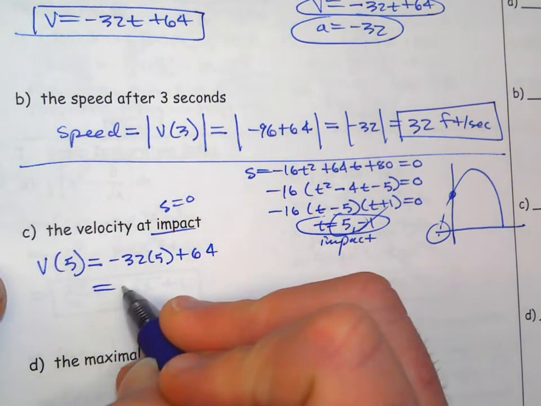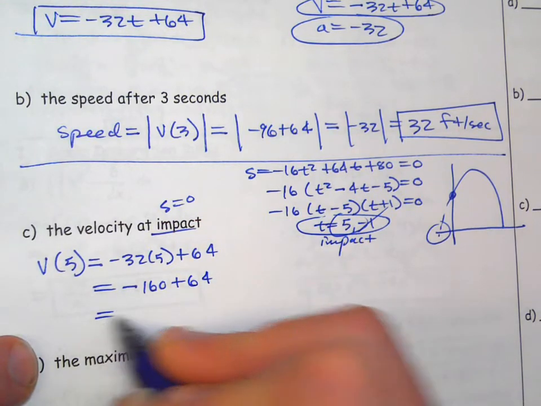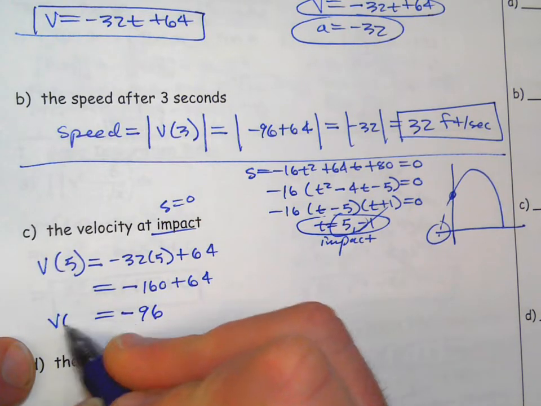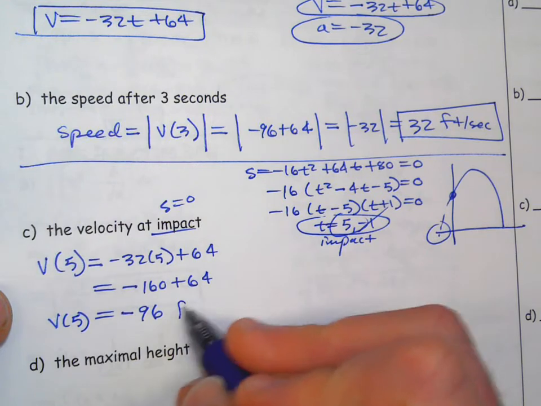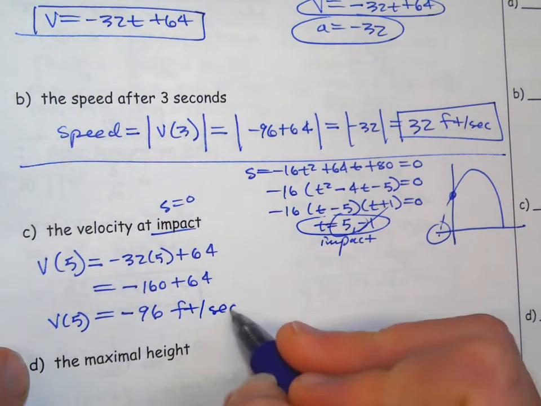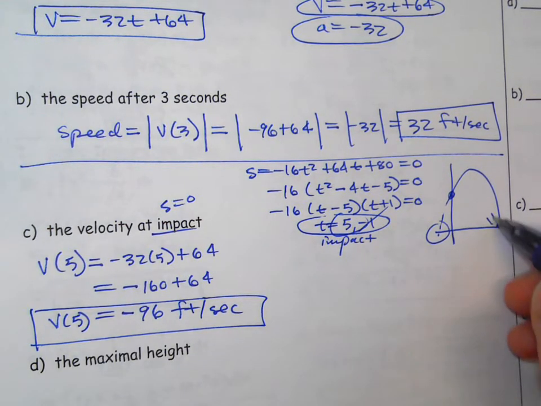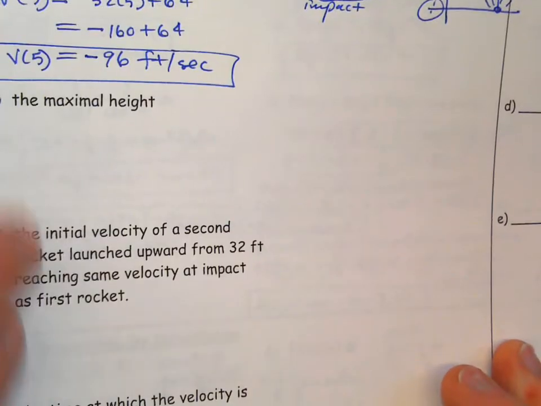We get negative 160 plus 64, so we get negative 96. And the units are feet per second. It also makes sense that you get a negative answer because it should be coming down and hitting the ground at impact, right? So it should be negative.